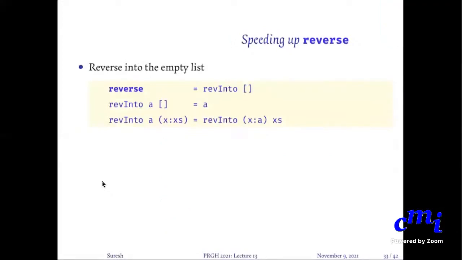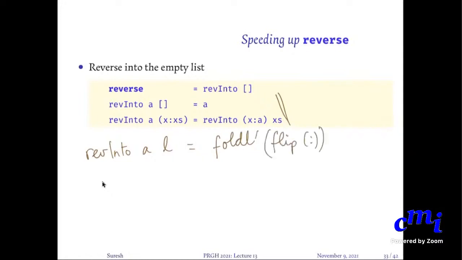Okay, so here is a better reverse, which I call reverse into empty list, but as we now know, reverse into of any list is nothing but fold L prime of flip colon.